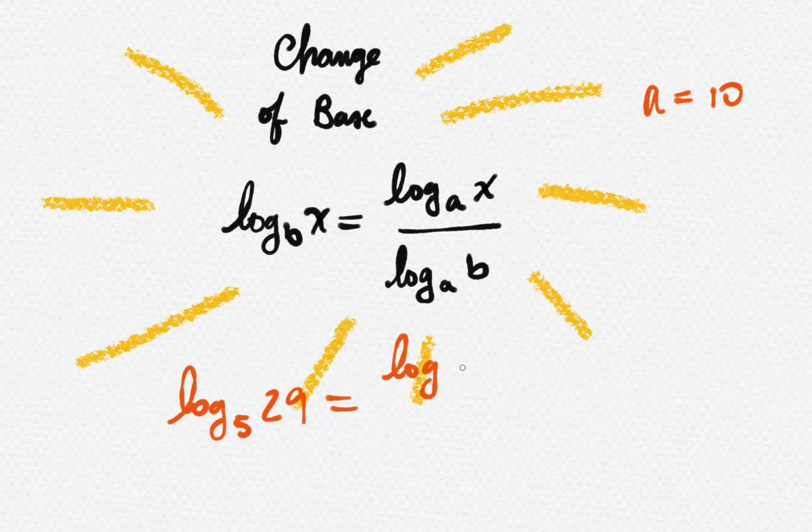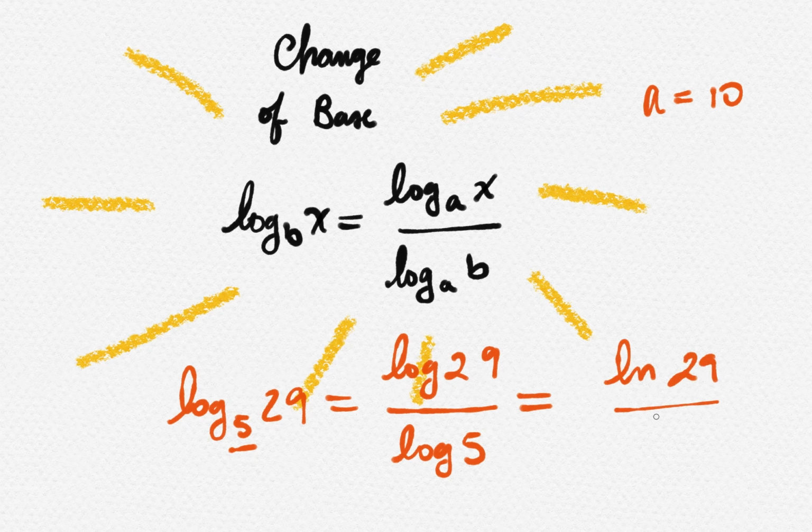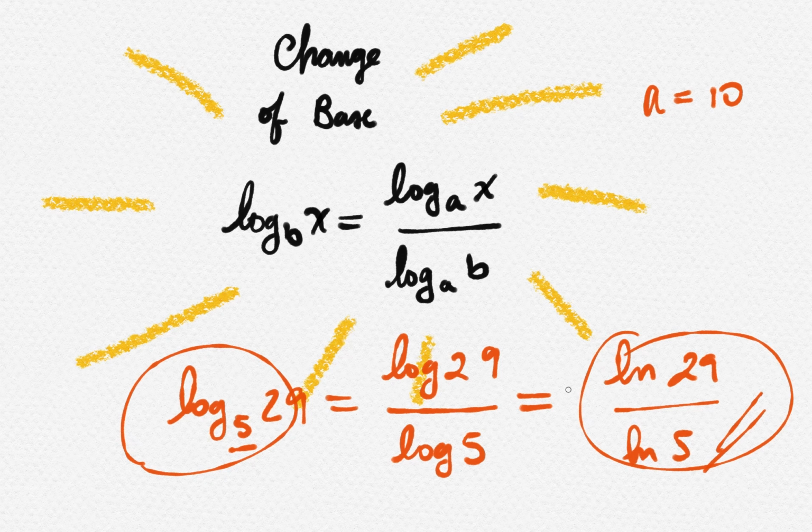Now what we have is the base 10 log of 29, which we can approximate with a calculator, over the base 10 log of 5, which we can also estimate with a calculator. So we can get some number for this. On the other hand, you may want to use the natural log, which is also fine. Natural log of 29 over natural log of 5. So we've turned something that we really don't know how to calculate into something that we do know how to calculate.